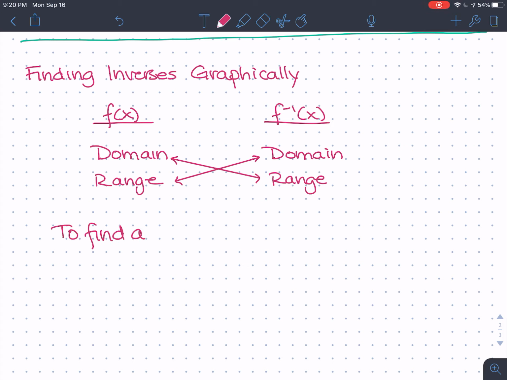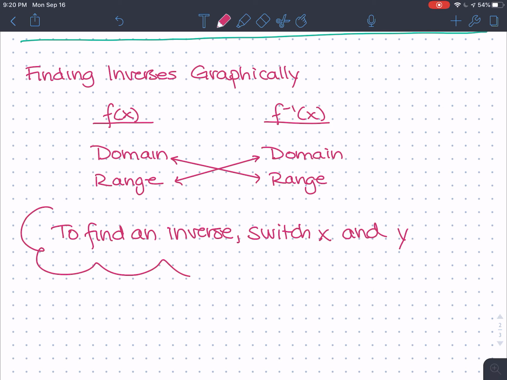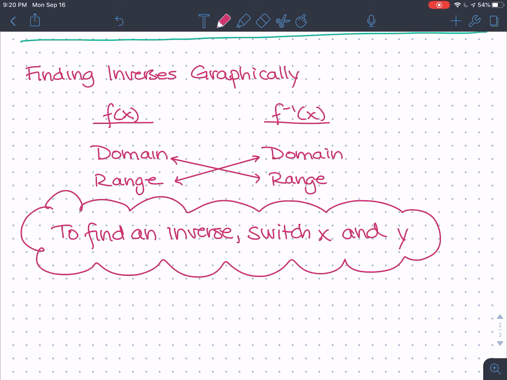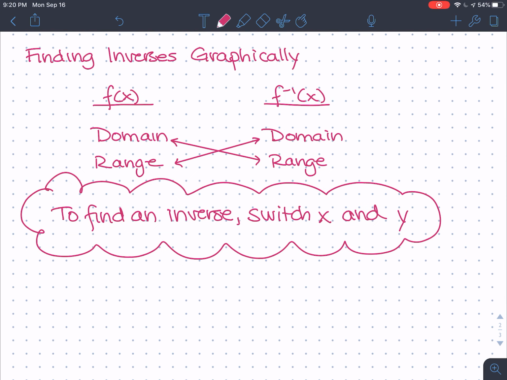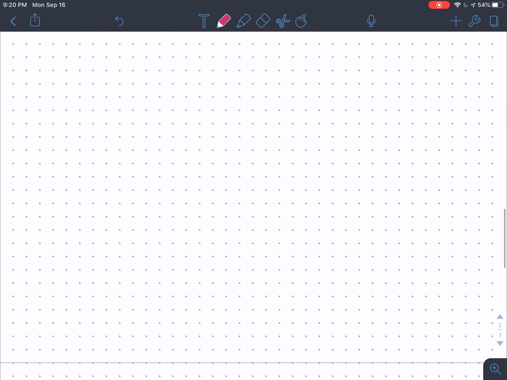To find an inverse, switch x and y. Like, literally, that's it. To find an inverse, that's all you got to do. So let's look at a couple examples graphically. We'll do an example algebraically, and then we'll be done.